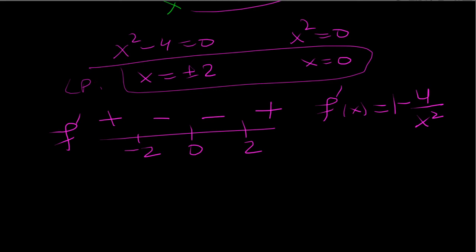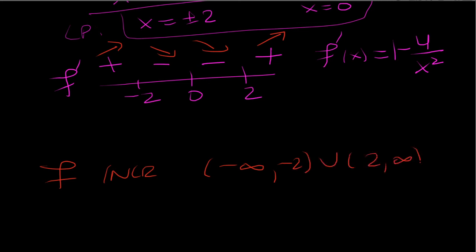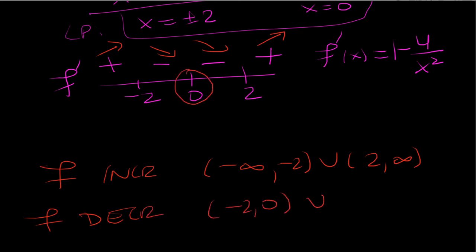So it's going to be increasing, decreasing, decreasing, and increasing. F is increasing from negative infinity to negative 2, and then from 2 to infinity. F is decreasing from negative 2 to 0, and then we have to skip over 0 because the derivative is undefined there in this case, so we can't include it, and then from 0 to 2.